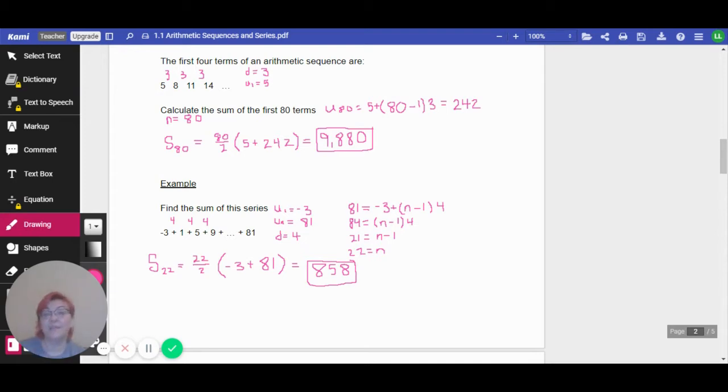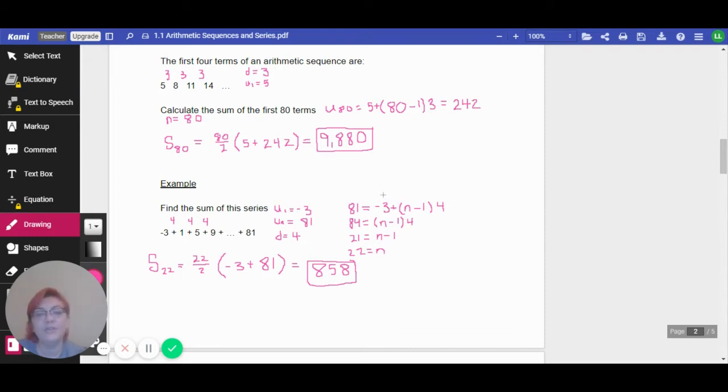Now, this time in order to solve, I'm going to have to solve for n. I need to know how many numbers are in this series in order to find the sum. So I know that my general term needs to equal 81. So 81 is equal to the first term, -3, plus (n minus 1) times the common difference, which is 4.